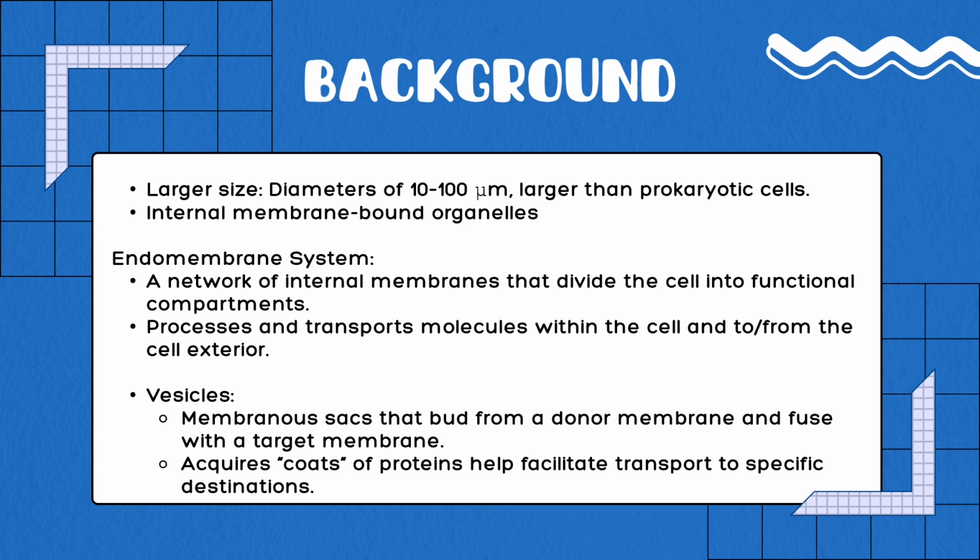The donor membrane is where stuff is produced, packaged and released, and the target membrane is where it's received. Their movement around the cell is assisted by coats of proteins. This is not very important. You just have to know it as information or knowledge.